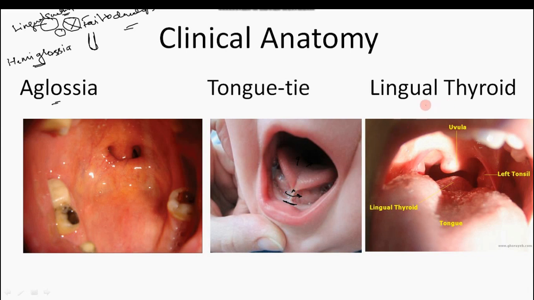Next is the lingual thyroid. Here you can see in this image the tonsils: this one is the left tonsil, here is the right tonsil, and this is the uvula. So this is the lingual thyroid. This is an ectopic condition.